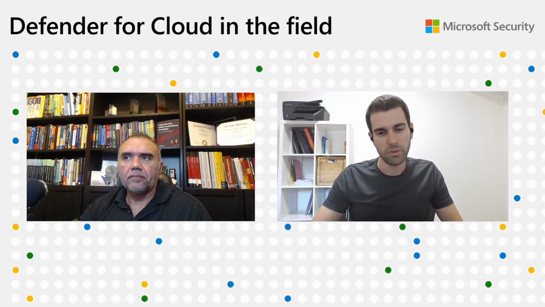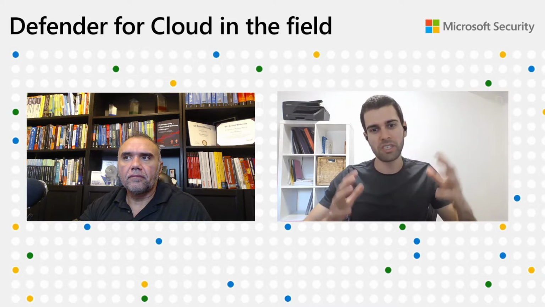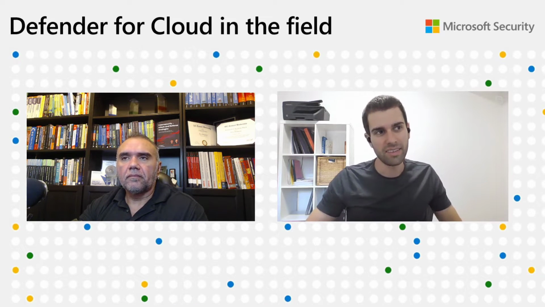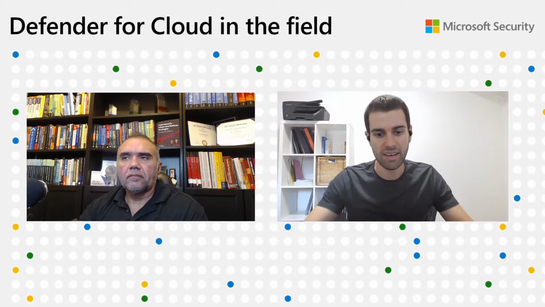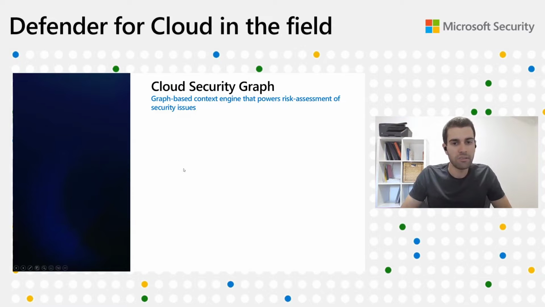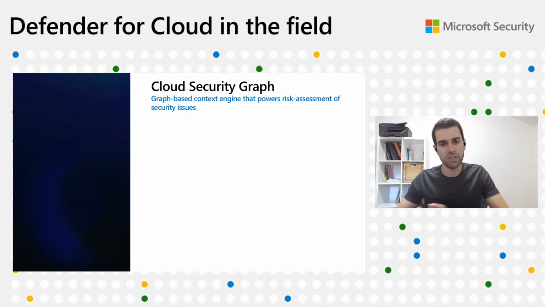To explain about the attack path analysis, I will first explain what the new cloud security graph is that we built, and then how attack path analysis leverages it. Let me show you how it works. The cloud security graph is a new cloud-based context engine in Defender for Cloud. We're collecting data about the multi-cloud environments of our customers from numerous data sources and building a graph representing the environment of each customer.